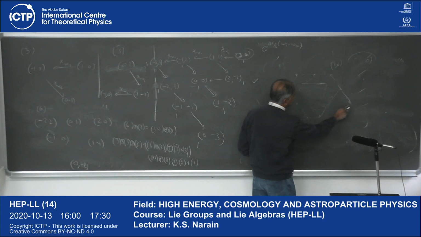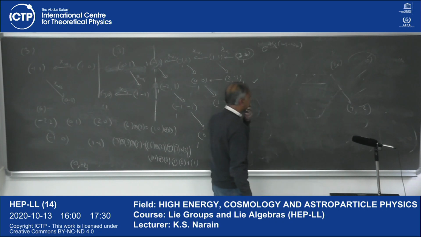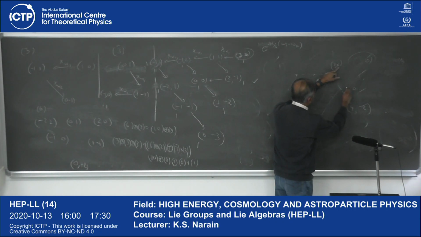By the time you reach here, this will be, for example, -2 and 2 plus 2, 4. So I'm going here: this is 0, 3, and this is 4, -2.